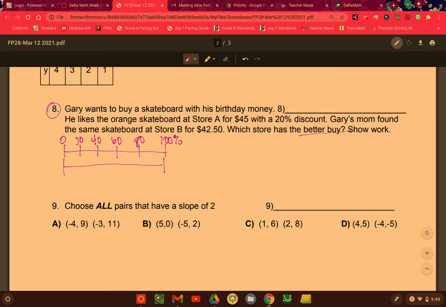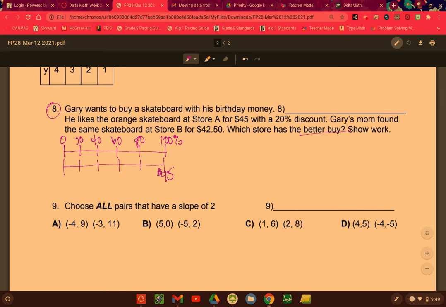And so we have $45. How could we divide that, which is my 100%? It's like if we had a 100% discount, we would take off $45, right? But I have a 20% discount, so I have to figure out how much that is. So I have to divide that $45 into fifths.